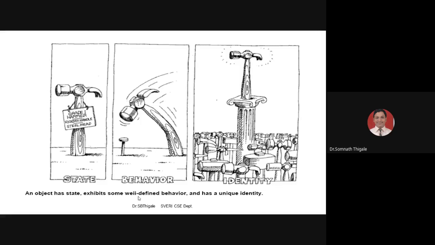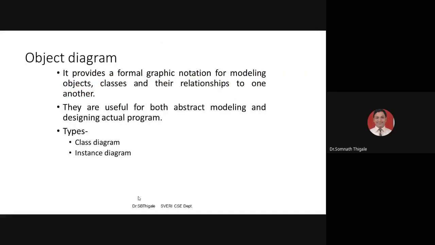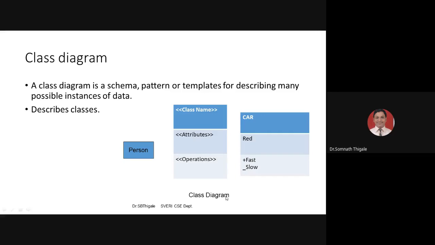We discussed these different examples: class, then object diagram, where we discussed the class diagram and instance diagram. This is the class, and this is how to represent it. A simple rectangle represents your class name. This represents attributes, which are nothing but named properties of the class.